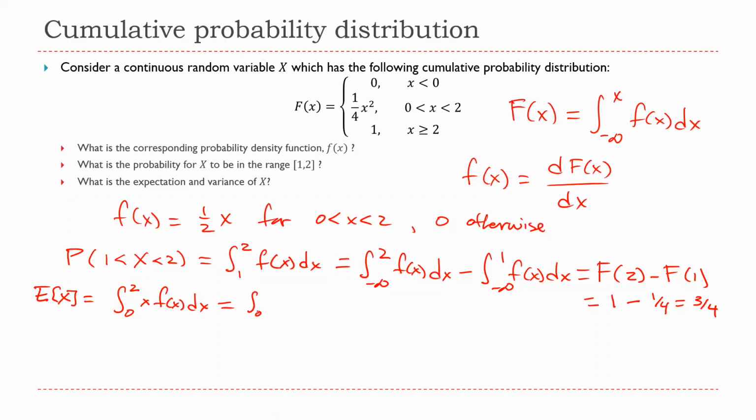So we're integrating from 0 to 2, 1/2 x squared, giving us 1/6 x cubed from 0 to 2, which is 8 over 6, or 4/3.